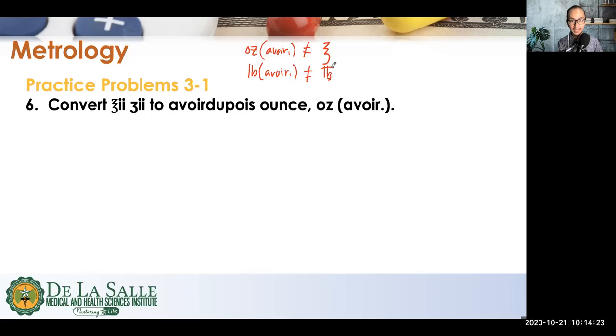Magkaiba sila. Remember as well that the avoirdupois system only has three units: the grains, the avoirdupois ounce, and the avoirdupois pound. Whereas in the apothecary system, you have the grains, the scruples, the drams, the ounce, and the pound. So only the grain is common between the two.